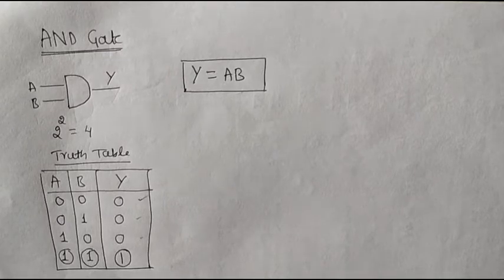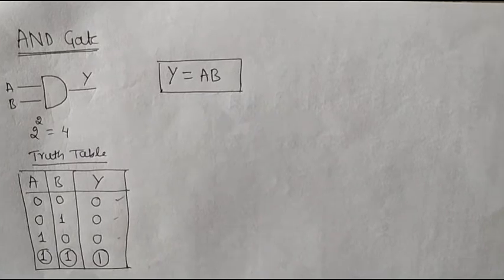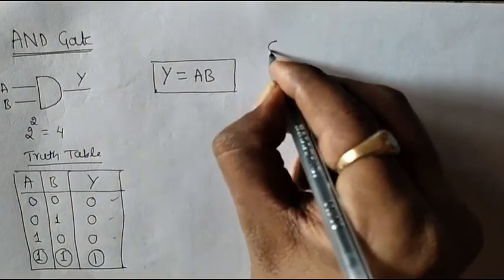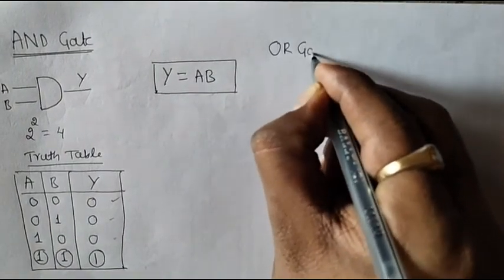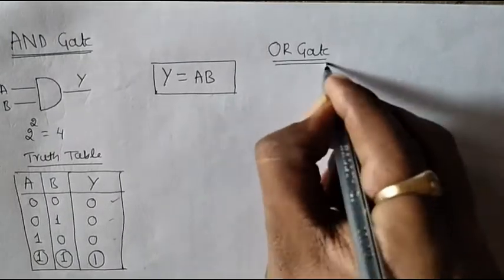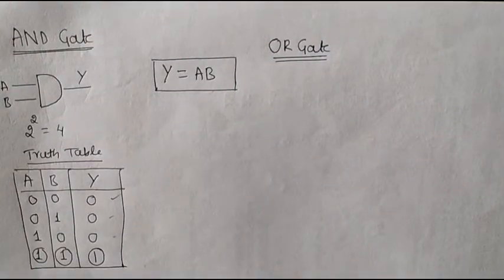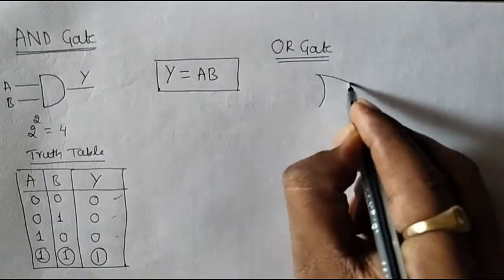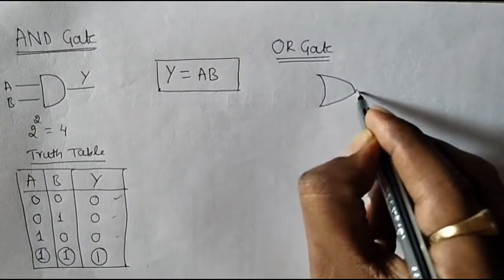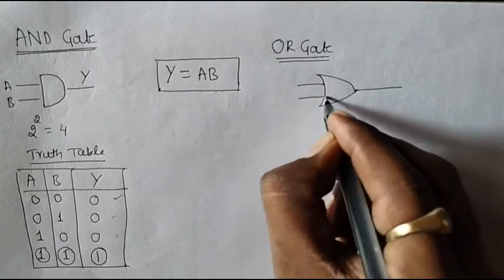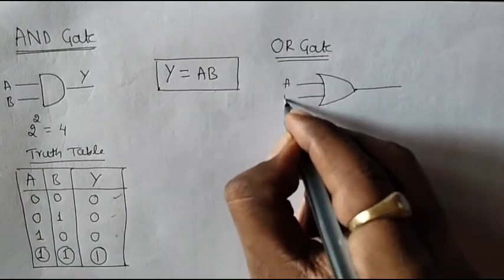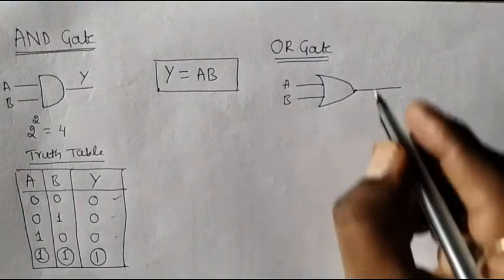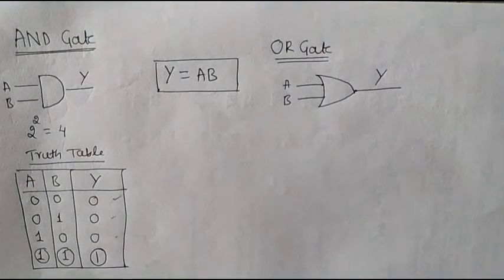Now let us study OR gate. OR gate is represented by symbol. Let us assume A and B are the inputs, Y is the output.